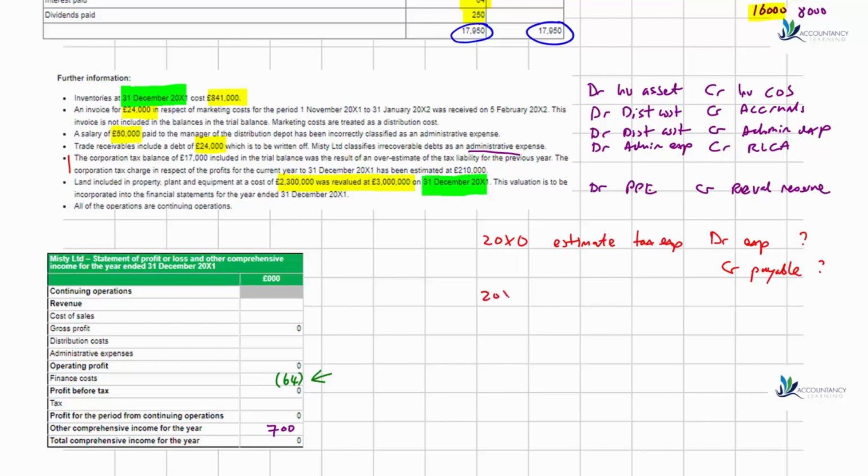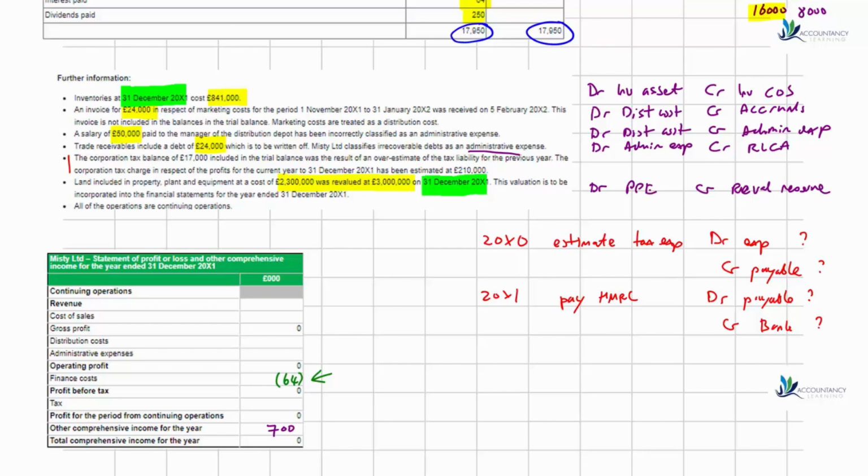And then in 20x1, we would have finalised how much we needed to pay to HMRC, and then we would pay them. So we would have debited the payable, again we don't know how much, and credited bank, and that would have settled our liability.